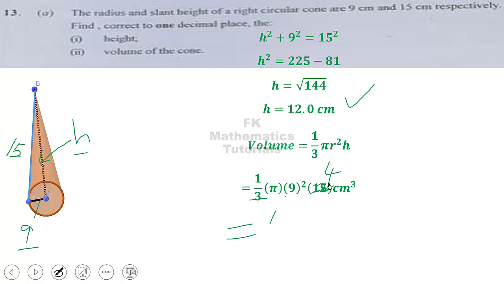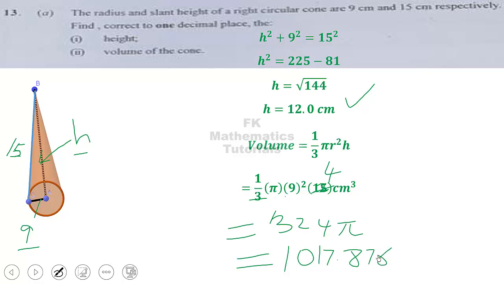So 324 pi. So 324 pi in decimals will be 1,017.876.